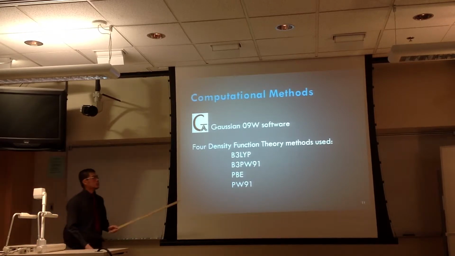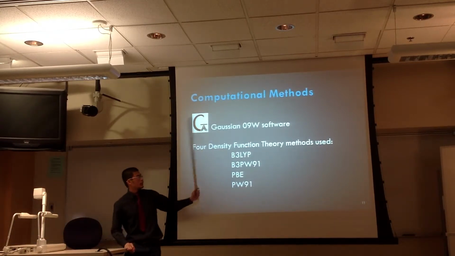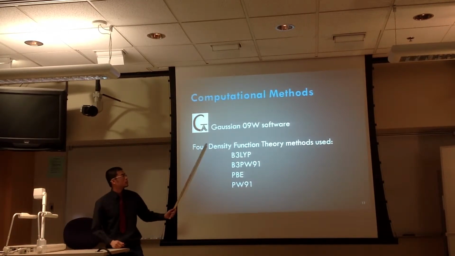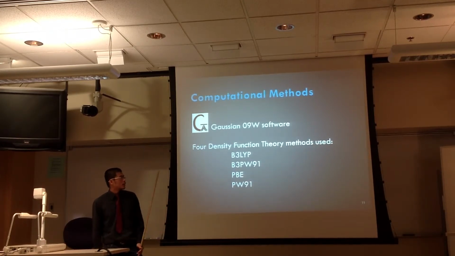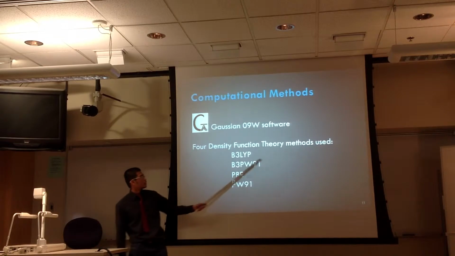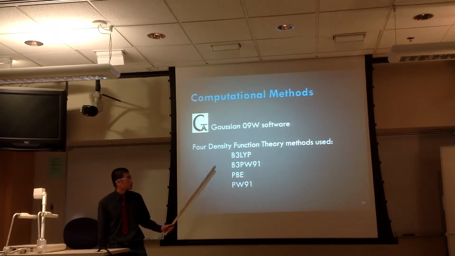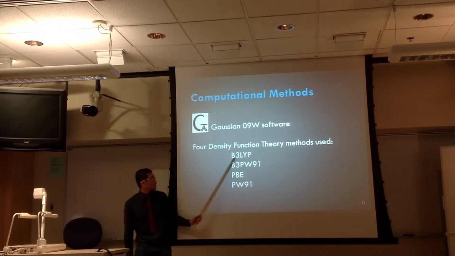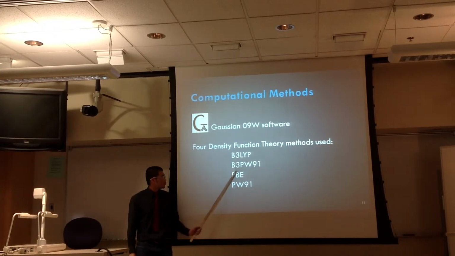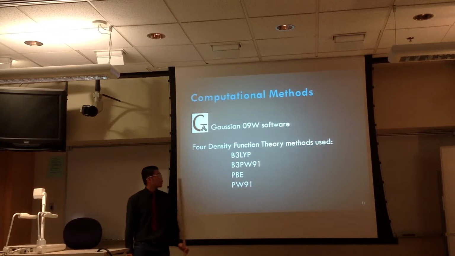The Gaussian software is used in this computational study. There are three main methods used for the software: B3LYP, B3PW91, and PBE PW91.